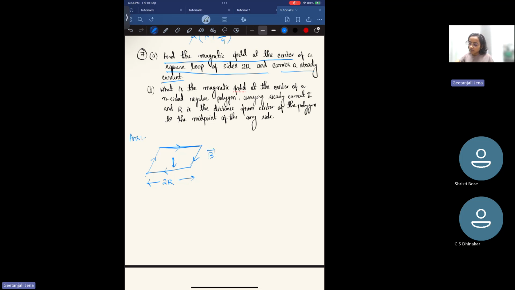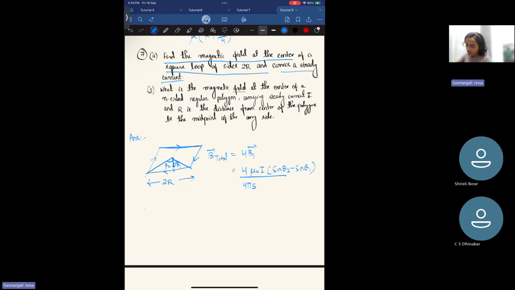So that means B total will be 4 times B1, and B1 is mu naught I by 4 pi S sine theta 2 minus sine theta 1. So theta 2 and theta 1, because it's a square loop, theta 2 and theta 1 are 45.